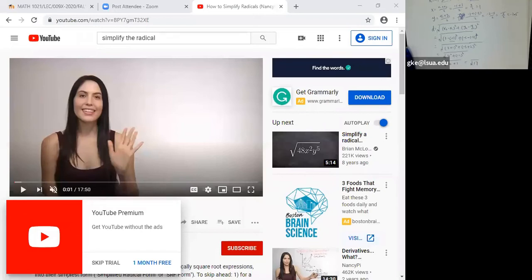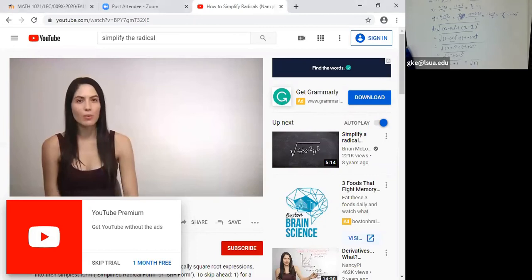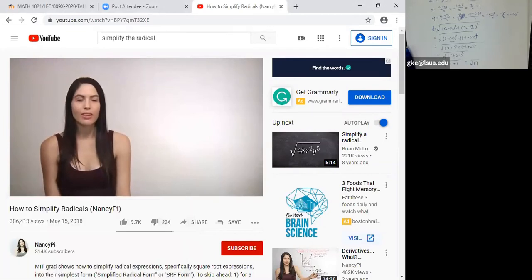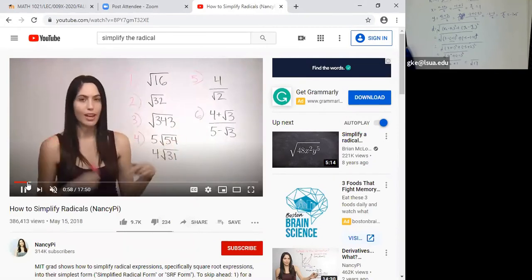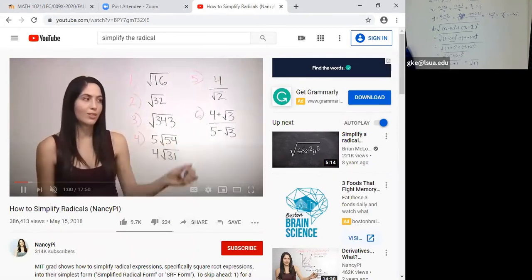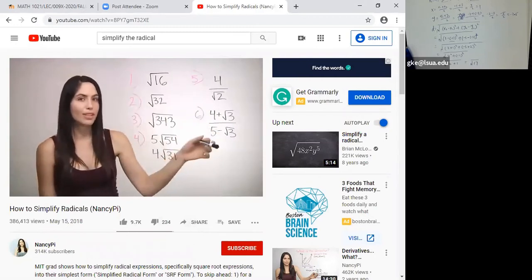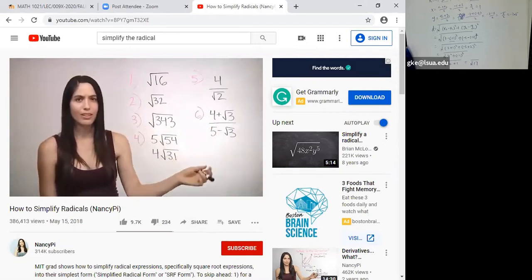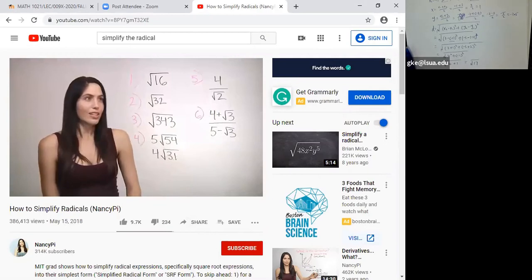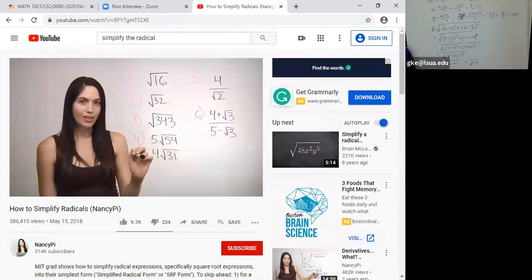For example, you've got a square root of 80 or something. Then you need to further simplify the radicals. Okay, you need to be able to simplify the radicals. If you don't know, just watch the video online. I think she did a pretty good job helping you guys simplify the radicals. This kind of thing should be learned from at least high school, right? So that's the older stuff.